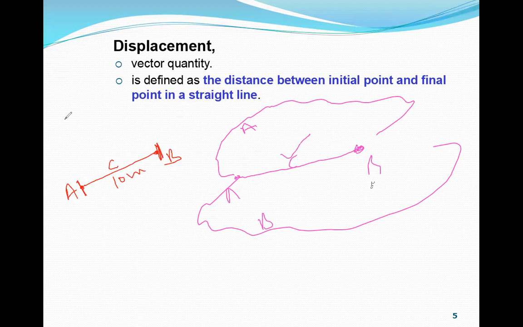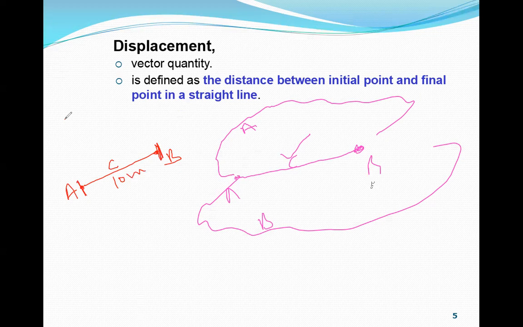Yes, it will be. Because in this condition, we have a single path between A and B, and it's a straight path. If I describe that the C path is 10 meter, it means it is a distance.